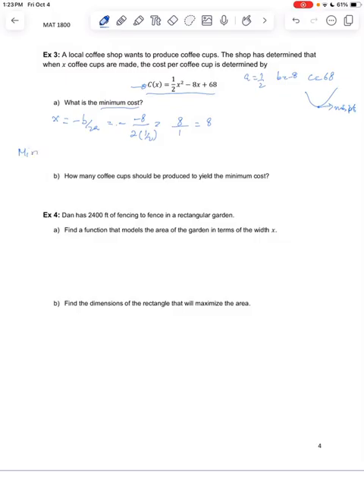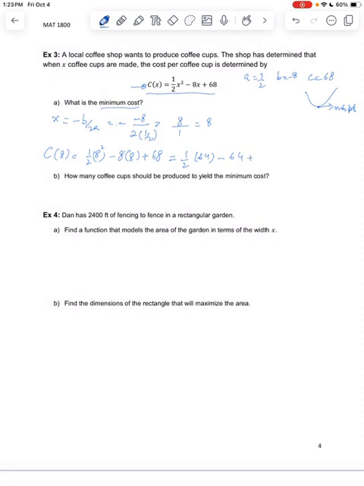So we need to find basically now the cost at 8, which is 1/2 times 8 squared plus minus 8 into 8 plus 68. Do the calculation. So the first is 1/2 times 64, and these give me minus 64, plus 68.